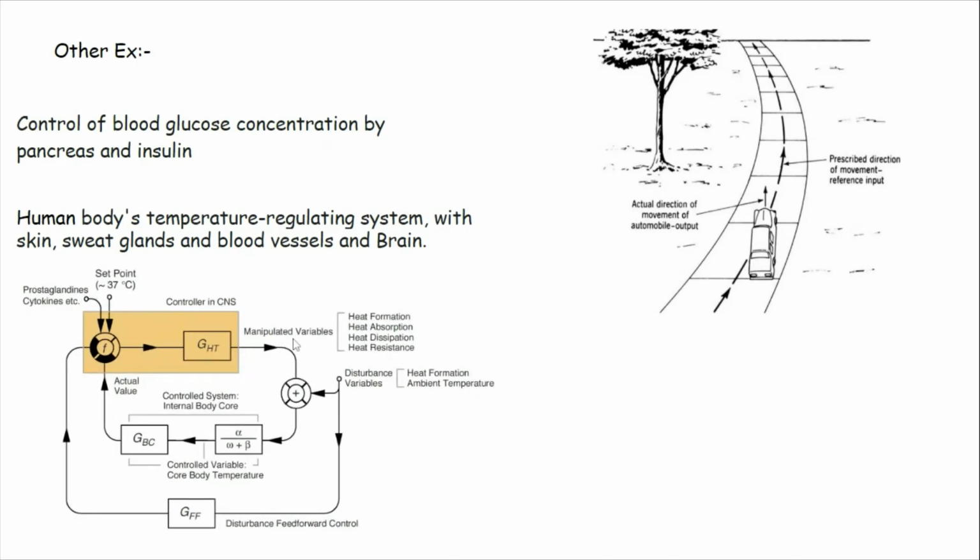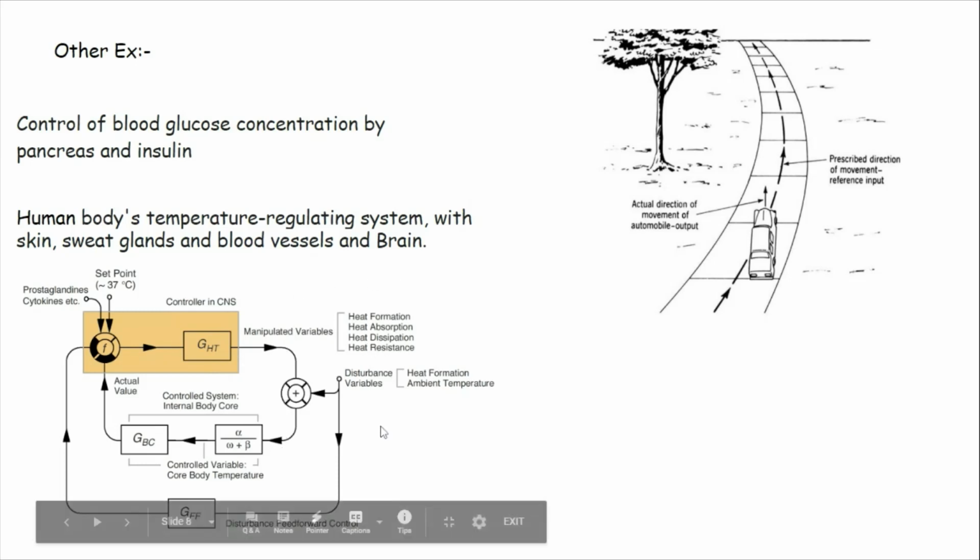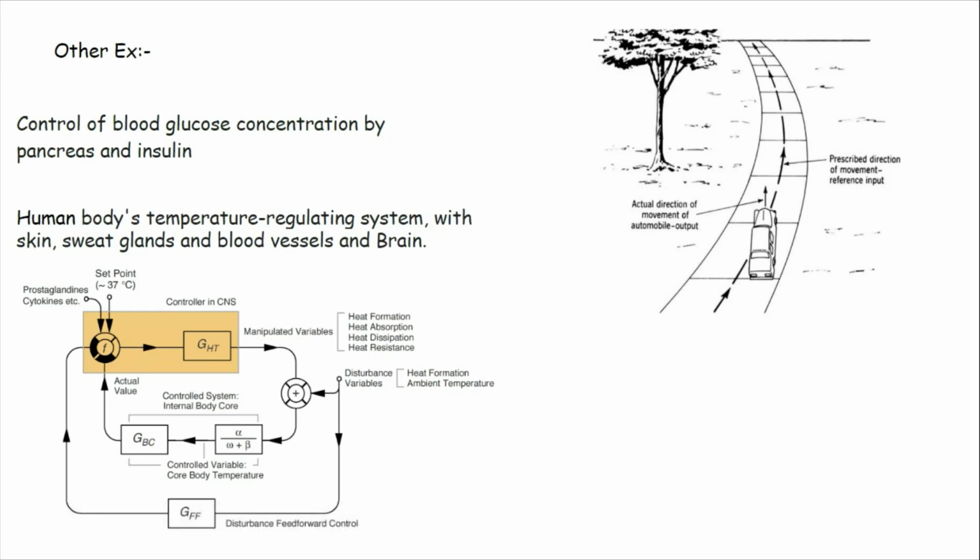Let us see a simplified block diagram representation of this regulation system. You can see this diagram is much too complex to understand. We can see the important things here only. This is our reference input, that is 37 degrees centigrade.